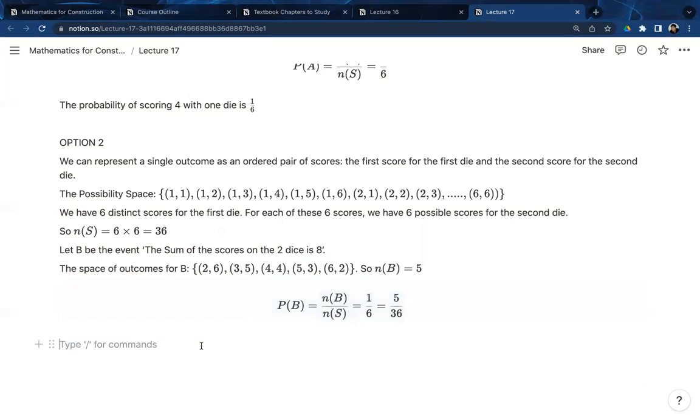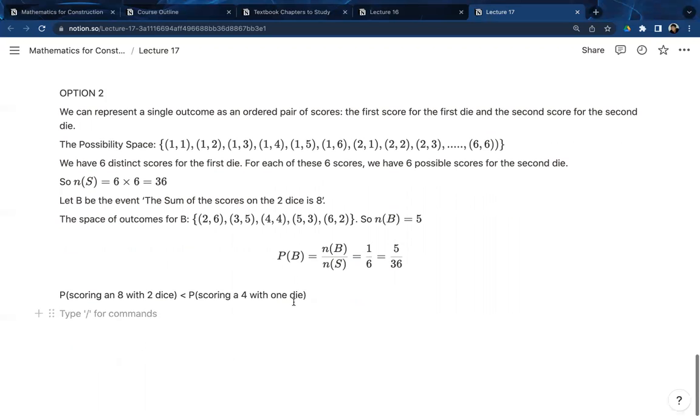So we could say the probability... right? So this is interesting here.